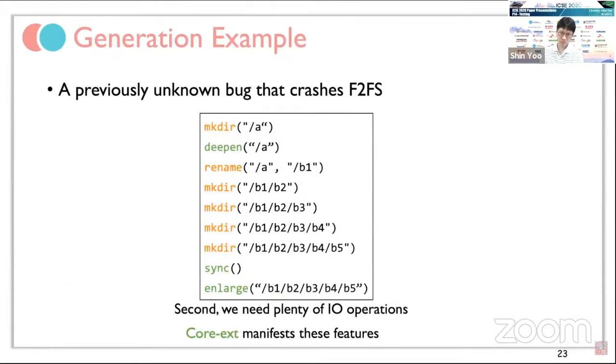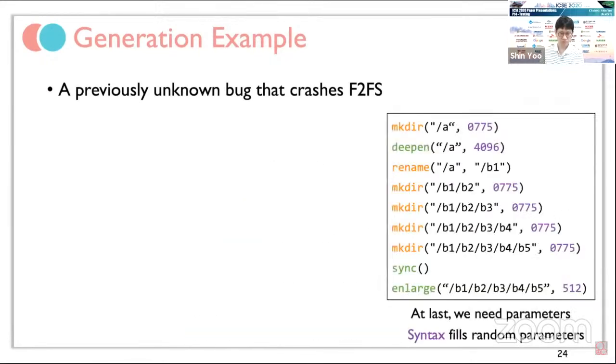And at the same time, we need plenty of I/O operations, which may manifest file system journaling, caching, or other features. The core extension model manifests these features and provides high-level system calls. Finally, the syntax model fills in random parameters, and these parameters may trigger other complex file system features.